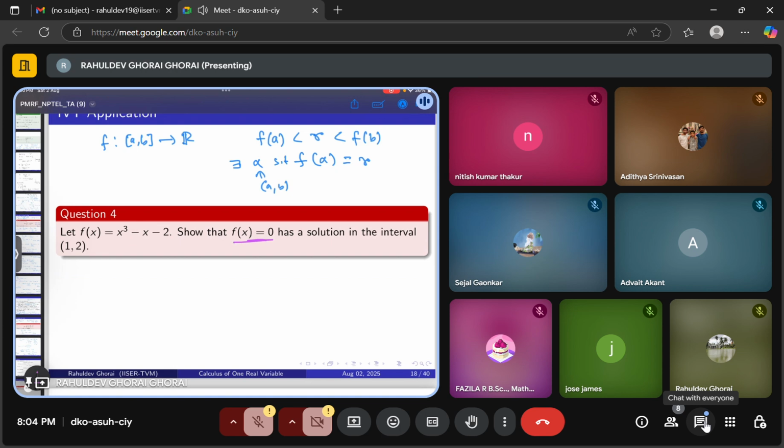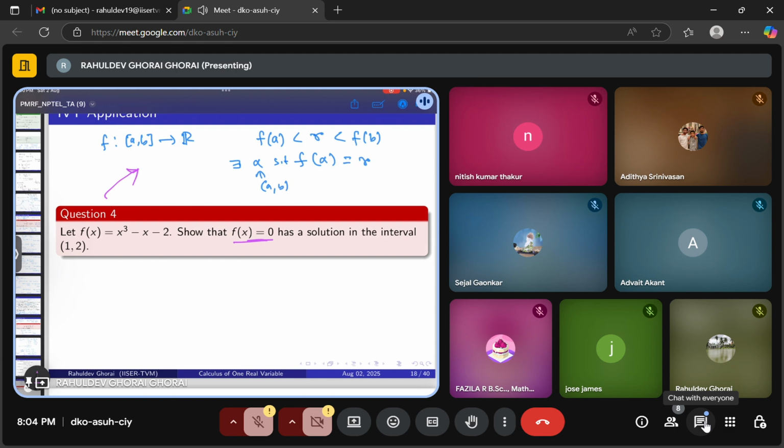See, f(x) equal to 0 has a solution, meaning what do you need to find first of all? Can you tell me how to make sure this problem is set up for the intermediate value theorem? First of all, what you will see is that this function is continuous.